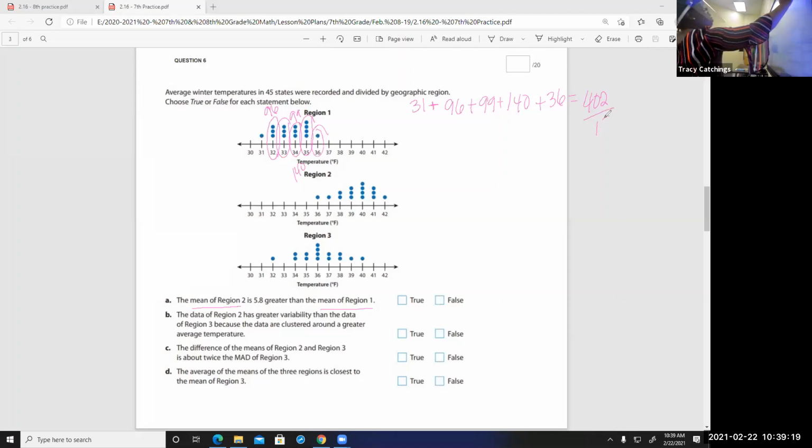All right, divide 402 by 15. Check that. 402 divided by 15. All right, let's try region 2.